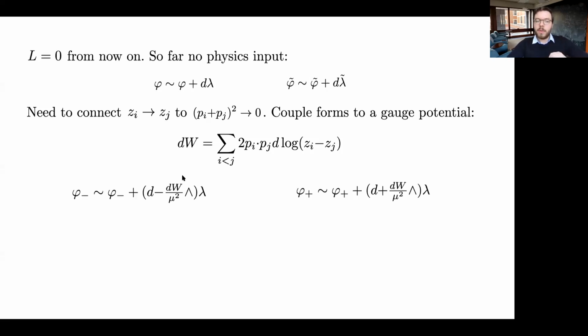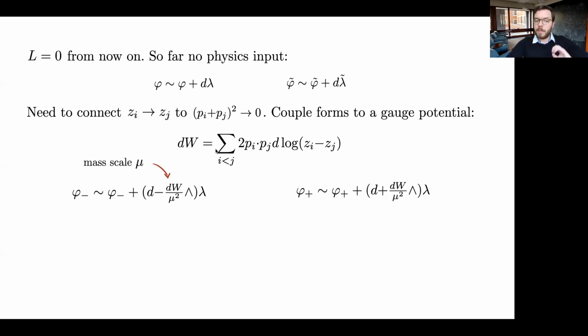So in this way, what I can do is just slightly deform what I had before. And now, instead of considering spaces of forms with this usual derivative, I can couple this derivative into a covariant derivative with this gauge potential. I will do it with a minus sign and with a plus sign here.